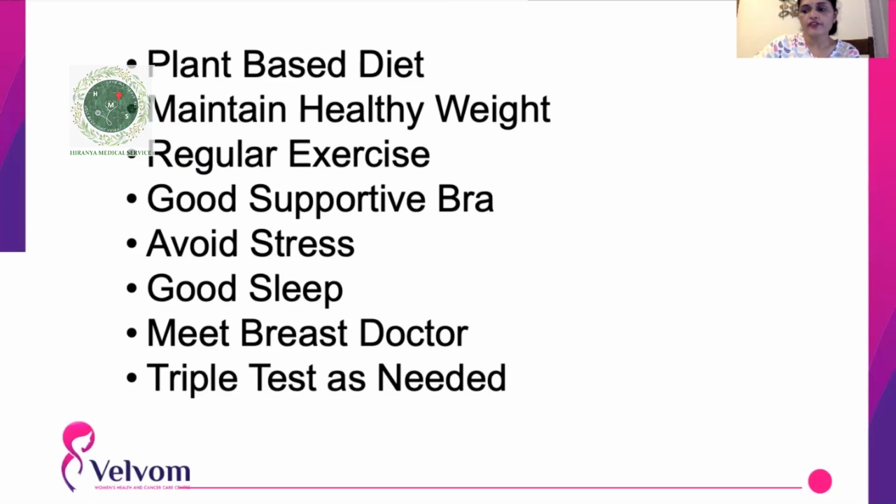And if these changes do not subside with basic measures, and if you feel that there could be some kind of lumpiness, or possibly a swelling, then definitely go see your breast doctor. The doctor will examine you, which is called a clinical breast examination, and as needed, imaging will be done, and if required, biopsy will be done. All these three put together is called the triple test.